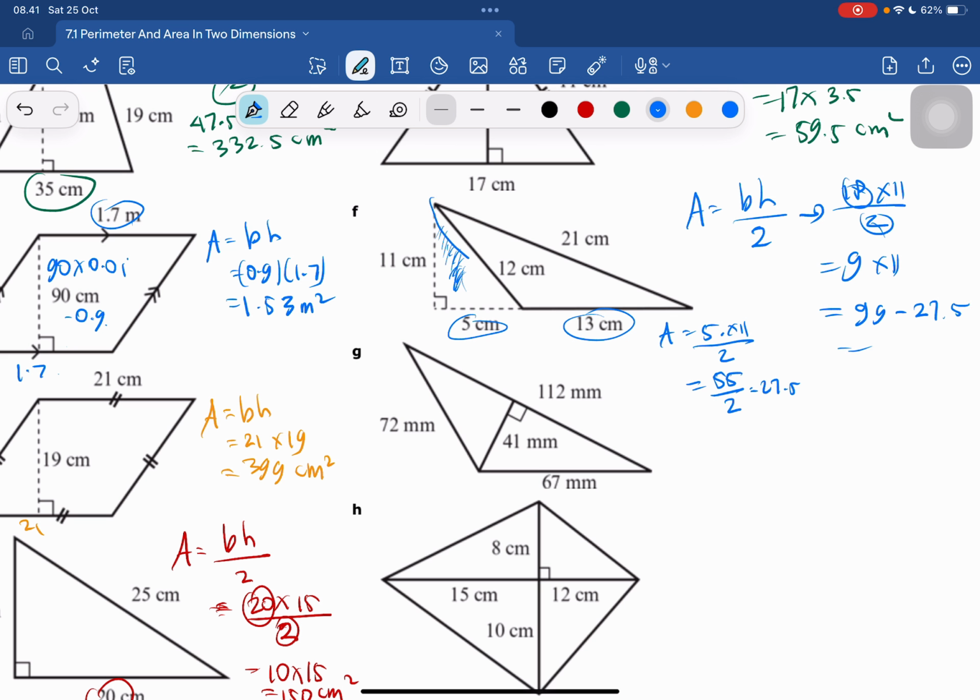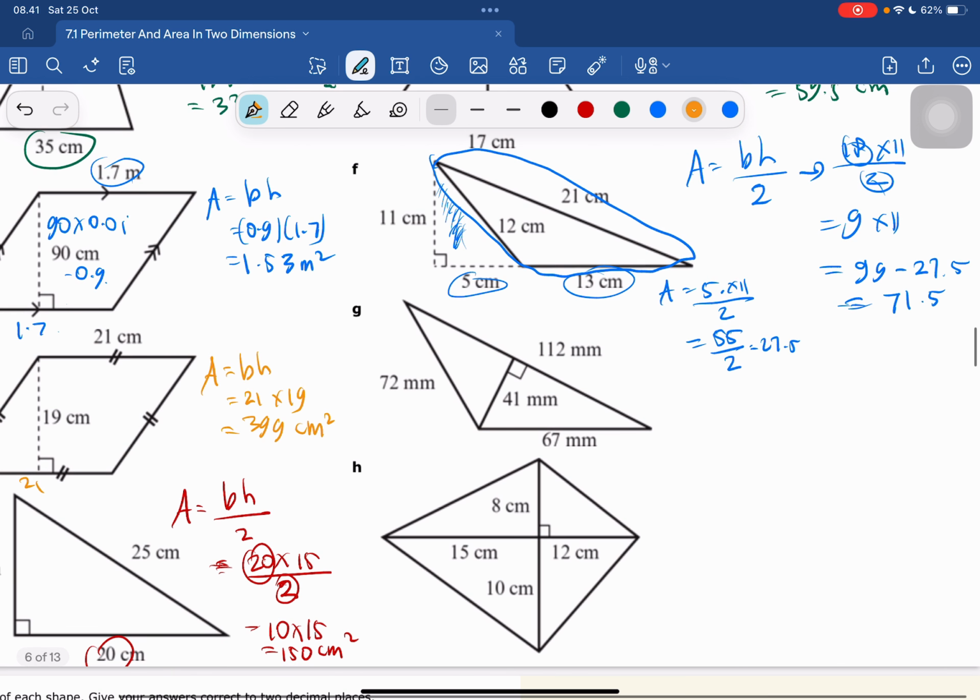So this area is gonna be 99 minus by 27.5, which is 71.5. Next is G. Okay, this is the base and the height. So the area is gonna be base times height divided by 2. Base is 112 times the height is 41 divided by 2.